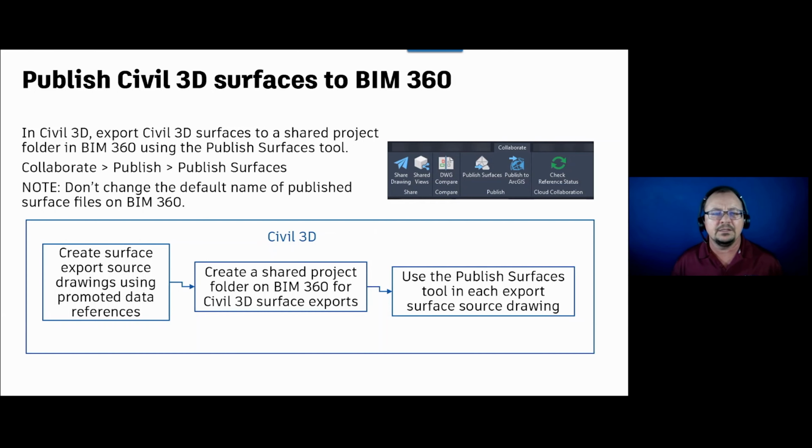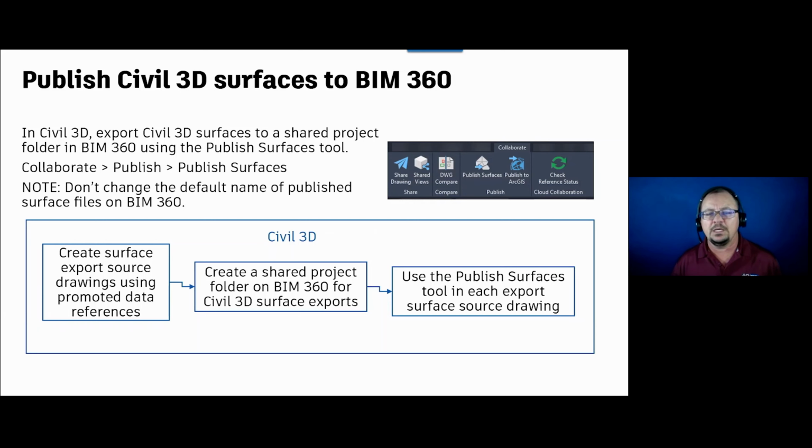And the way I do that is I create a surface export source drawing, which basically is a blank drawing where I create a promoted data reference in the drawing. And then from there, I'm going to need a location on a BIM 360 project where I can share the surface.